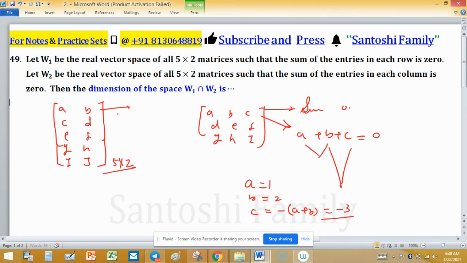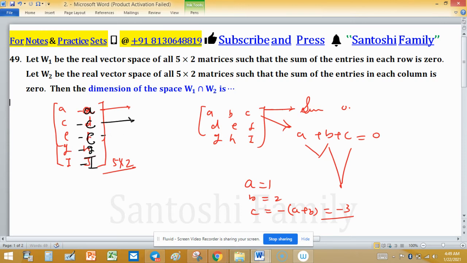Suppose this is the condition for W1, each row sum is 0. It means if A is a non-zero entry, then B will be minus A. I changed the pen color so you can see better. If C, then the next will be minus C, and so on for each row.